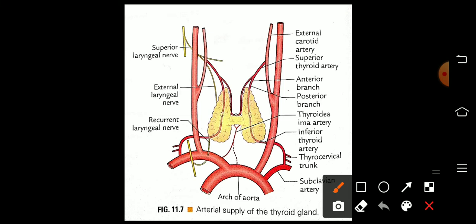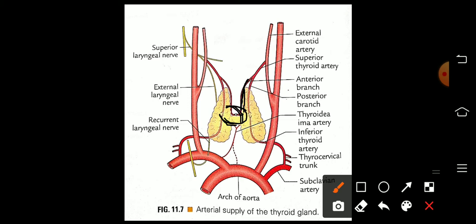The anterior branch runs downwards along the anterior border of the thyroid lobe, and it curves medially to move into the upper border of the isthmus and anastomoses with the other part of the anterior branch of the superior thyroid artery.